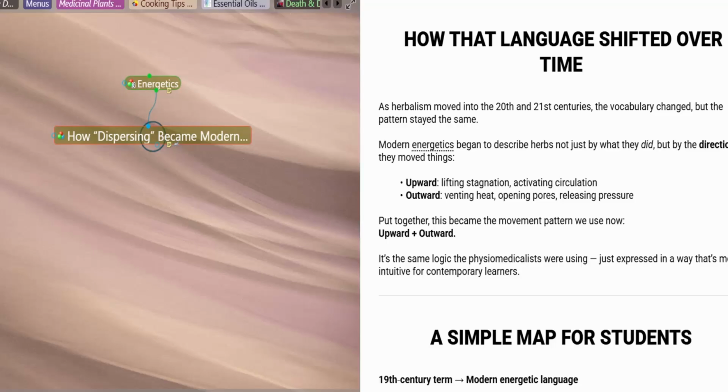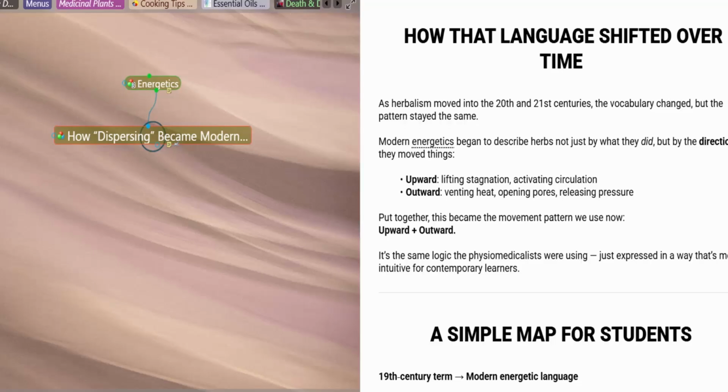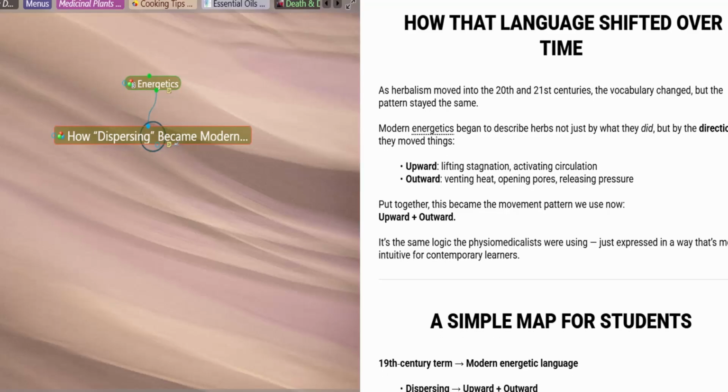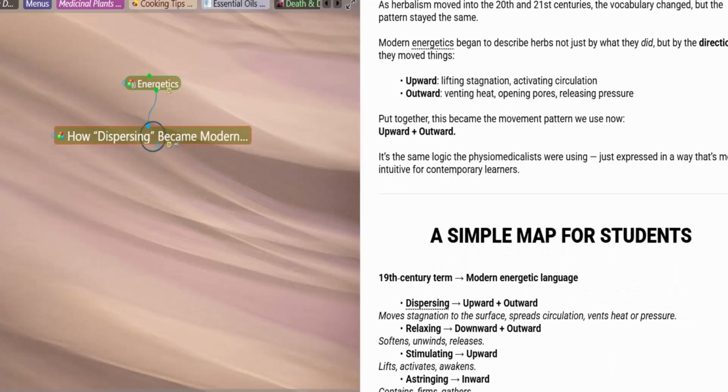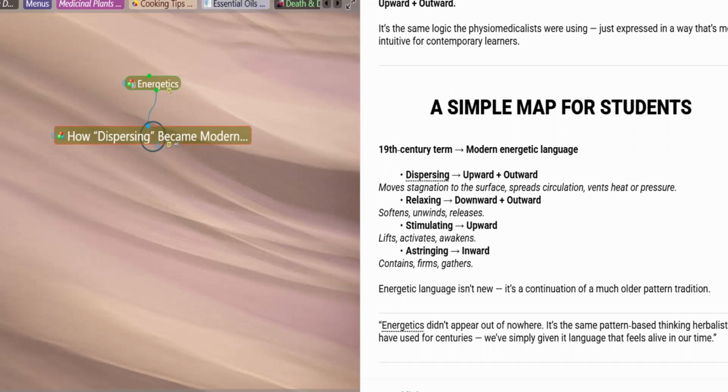And outward meant venting, heating, opening pores, releasing pressure. And so when you put that together, it becomes the movement pattern we use now, which is upward and outward. It's the same logic the physiomedicalists were using, but just expressed in a way that's more intuitive for contemporary people. Here's a simple map that you can use.